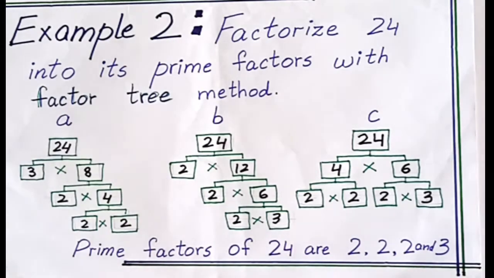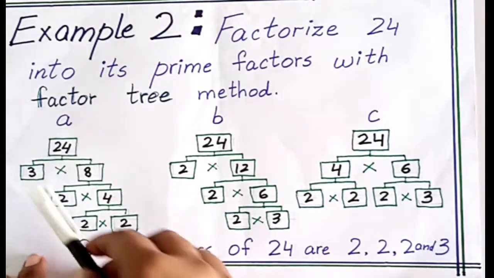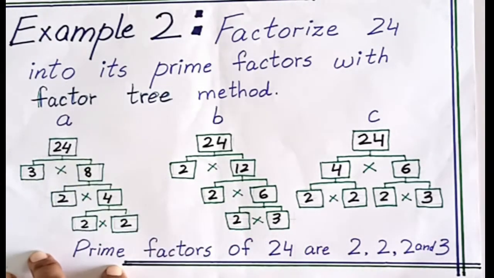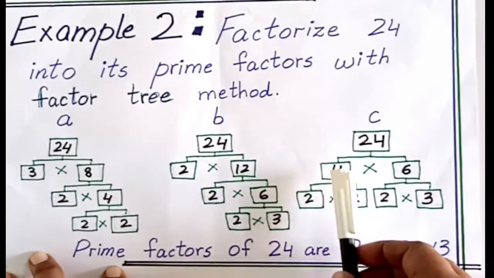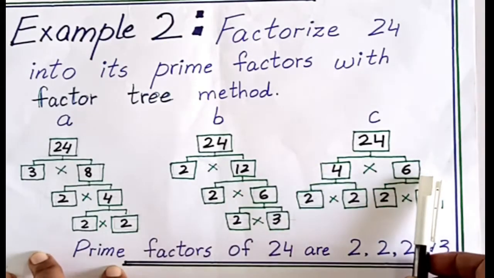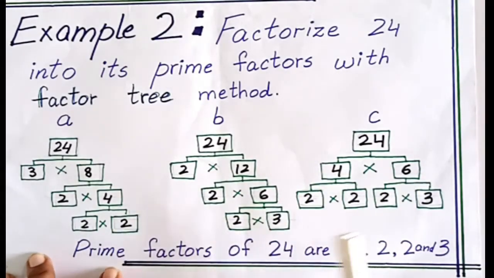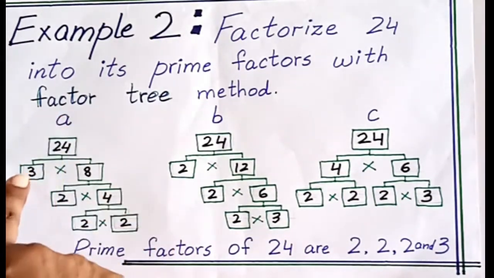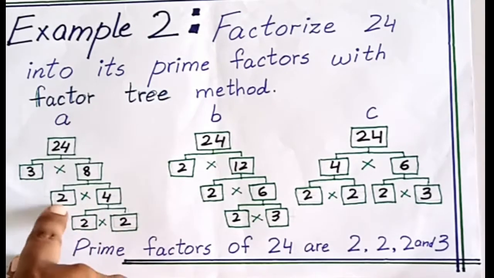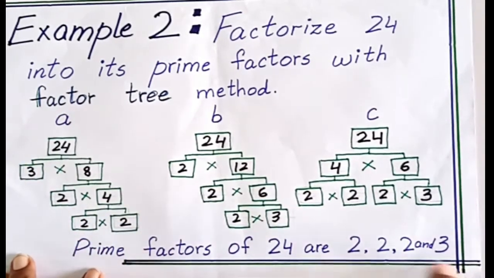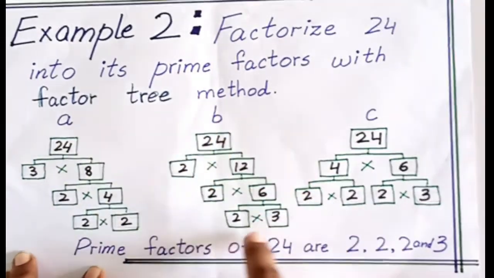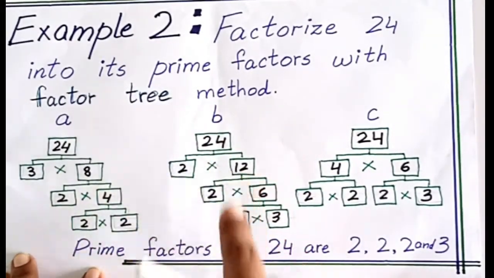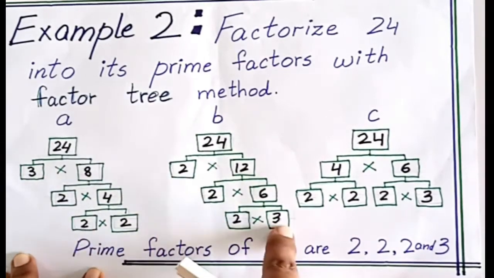Whether you factorize with 3 and 8, with 2 and 12, or with 4 and 6, the answer would be the same. In the first question you see 2, 2, 2 and 3, and the same here. Factorizing with 2 and 12, the answer is 2, 2, 2 and 3.